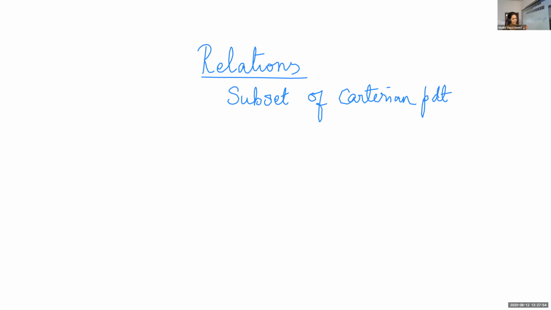We select only those ordered pairs in which the first element is related to the second element. When you do one example, you will be able to understand. So what is a relation? Relation is a subset of a Cartesian product.